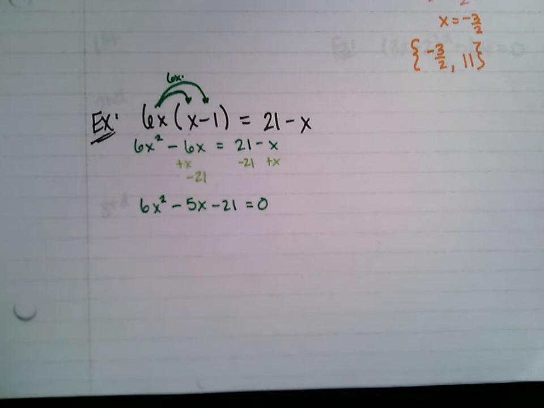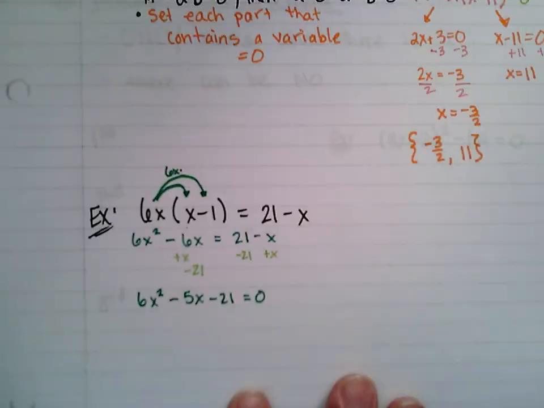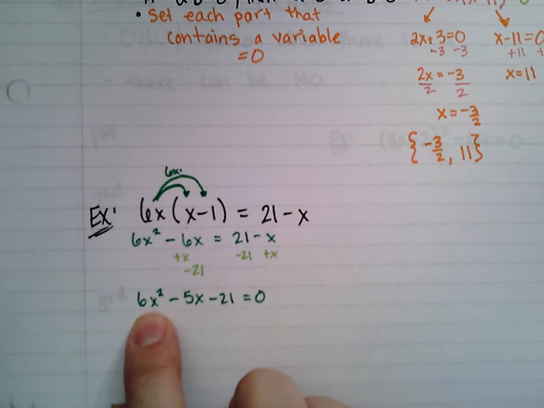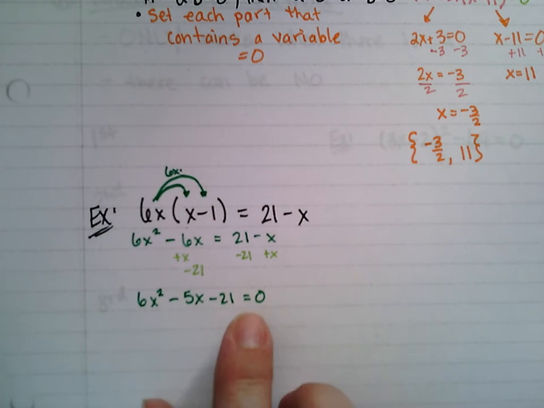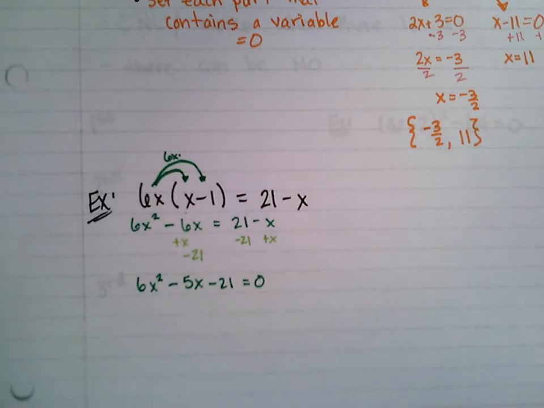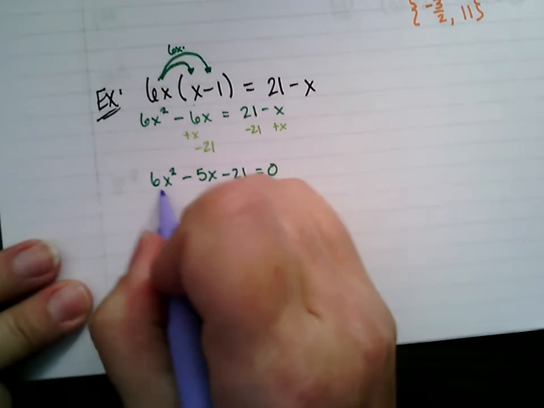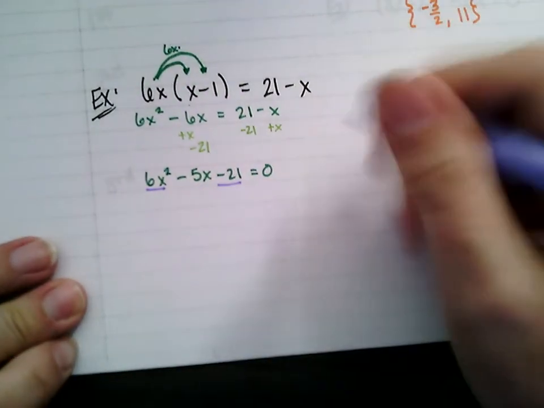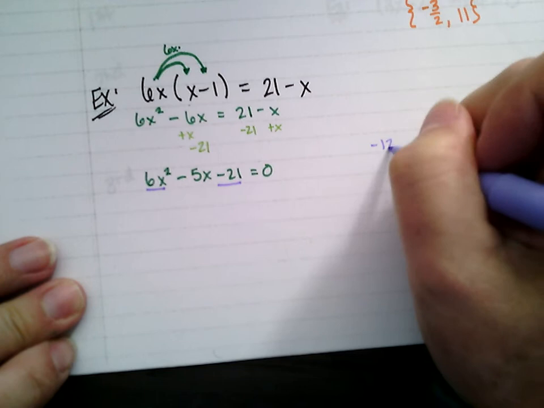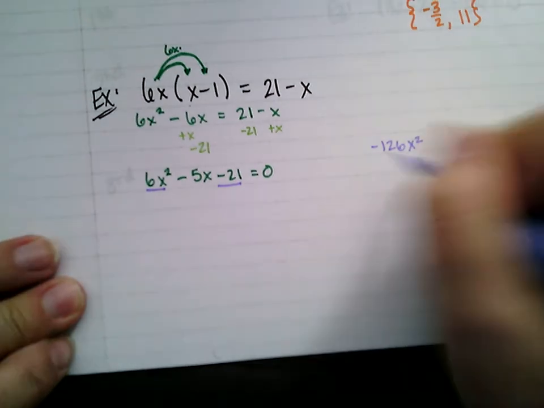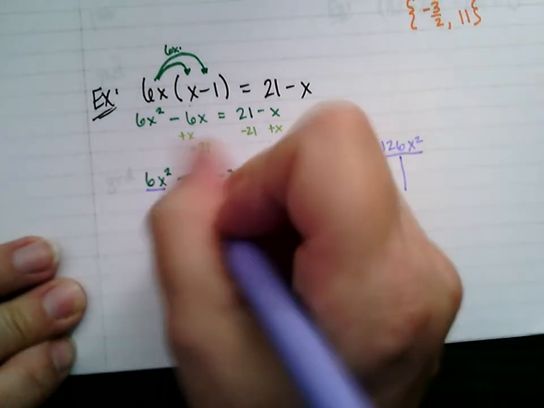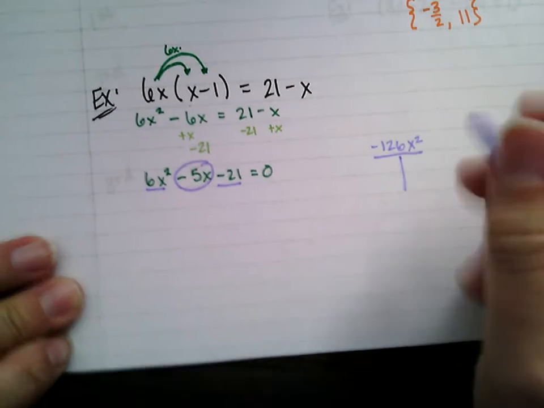So remember, we're going to take the first thing times the third thing. So we're going to be taking the 6x squared times the negative 21. 6x squared times negative 21 is negative 126x squared. And I need the combination that adds to give me negative 5x.